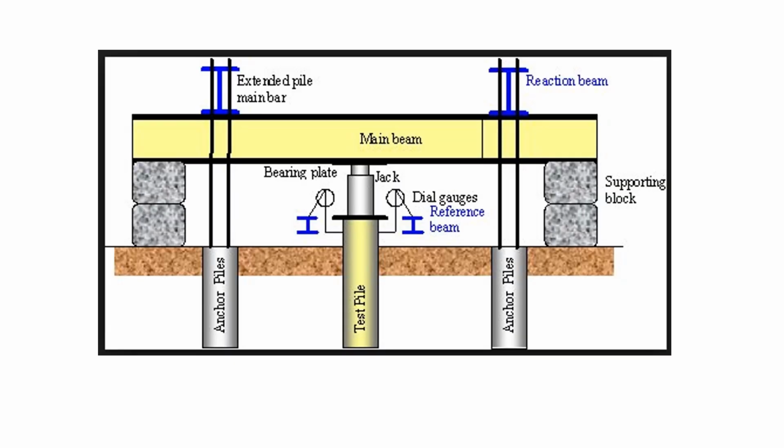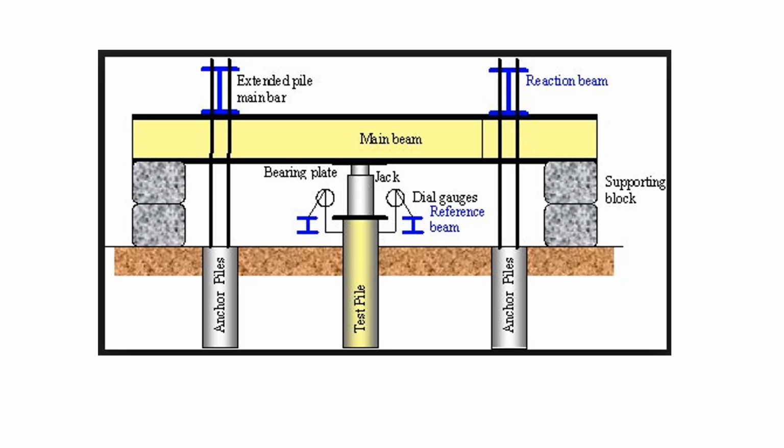Now you can see here, this is the pile load test diagram. You can see a main beam here, a reaction beam here, and there are two dial gauges which are placed to measure the settlement. You can see a hydraulic jack here. This hydraulic jack will transfer the load to the test pile from this main beam.